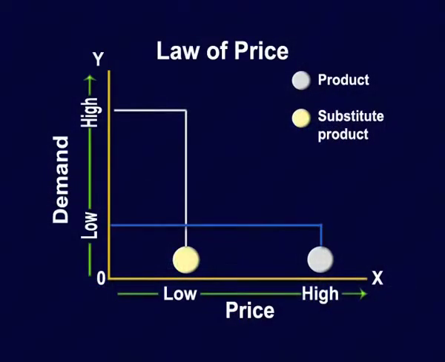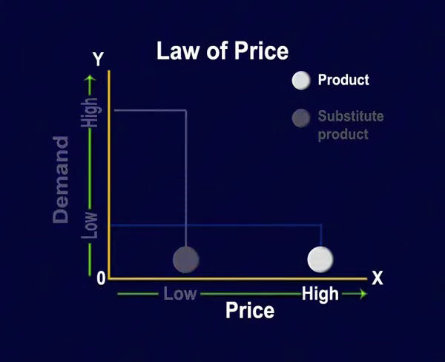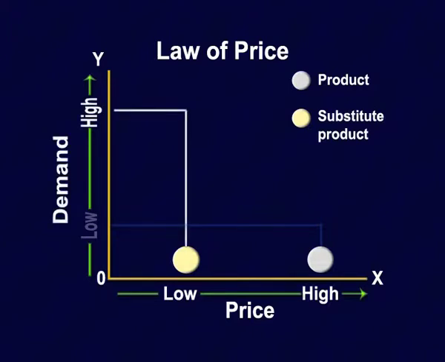Once again, we find that the price of related products also matters, because if the price of a particular product is high and the price of its substitute product is low, then the demand for the substitute product will be more than the demand for that product whose price is high.